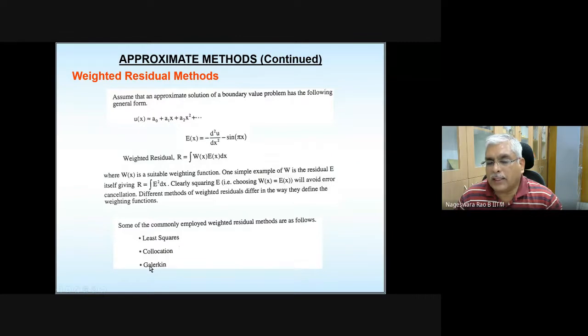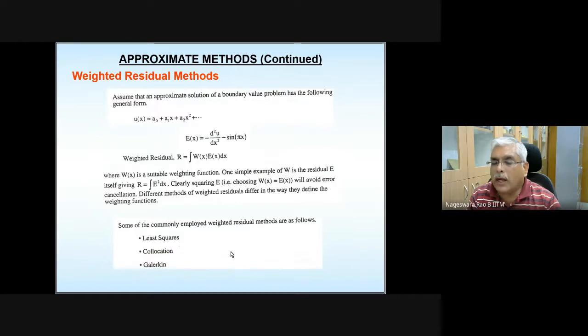Next one is the collocation weighted residual method. I hope you have heard about the Dirac delta function. You must have heard about it in your physics or mathematics, if you want to define a step function, usually we use this Dirac delta function.